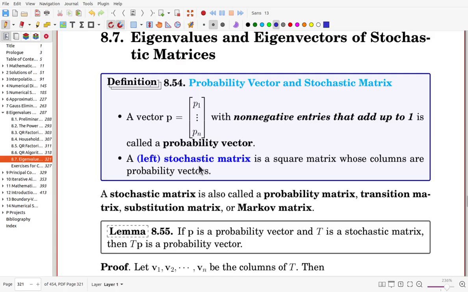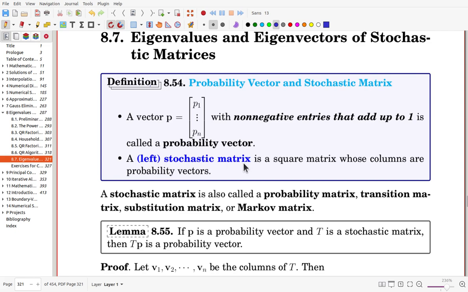A stochastic matrix is a square matrix whose columns are probability vectors. It will usually be used to apply from the left side, so in that case we call it a left stochastic matrix.